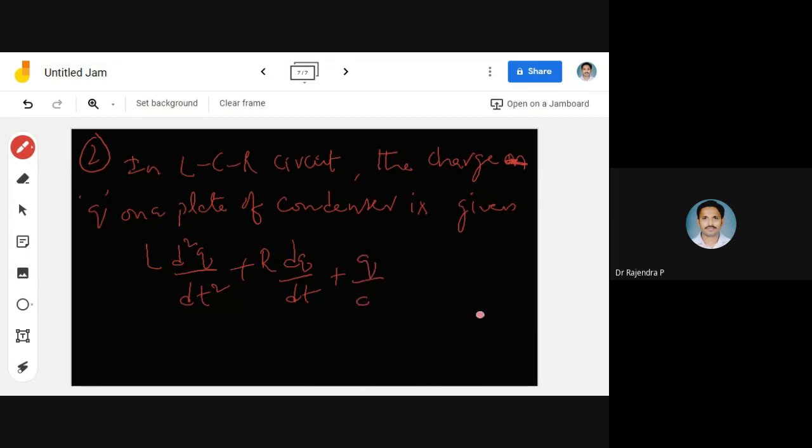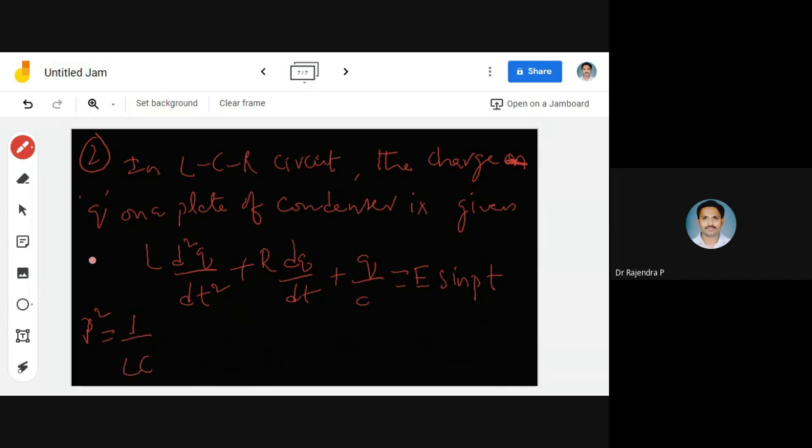This is a very important form. Usually, I am expecting you may get this type of problem. Here some function may be changed, either sine or cos. Only sine or cos they may give you, sine pt. Right. So this is the given differential equation. The current is tuned to resonance so that p square is equal to 1 by LC.